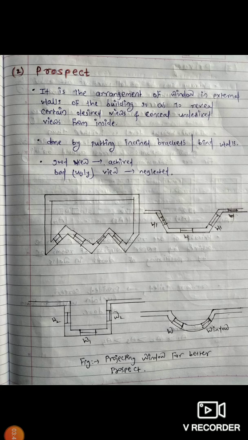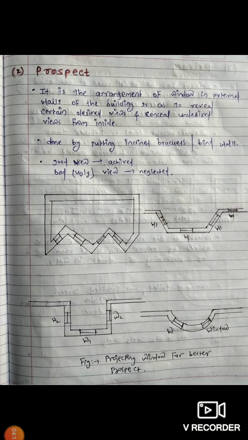Then our next principle of building planning is prospect. Prospect is the arrangement of windows in the external wall of the building so as to reveal certain desired views and conceal undesired views from the inside.